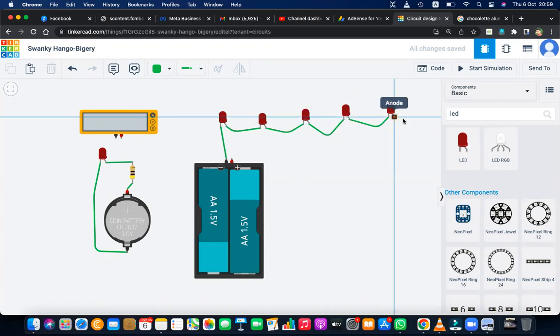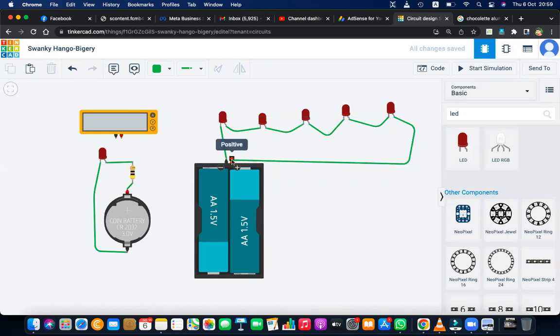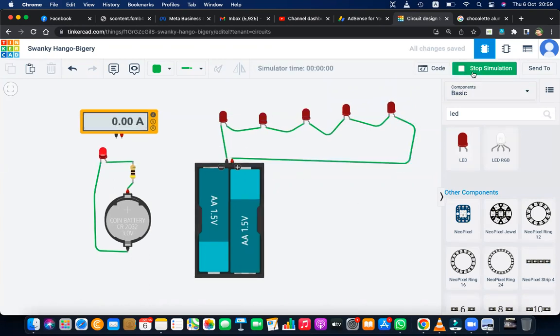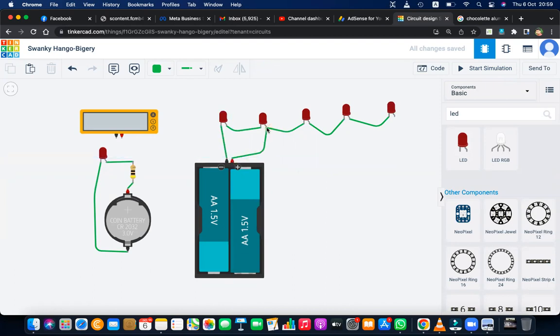Now we have to connect this. So it is connected. The current is not enough. So that's the problem, right?